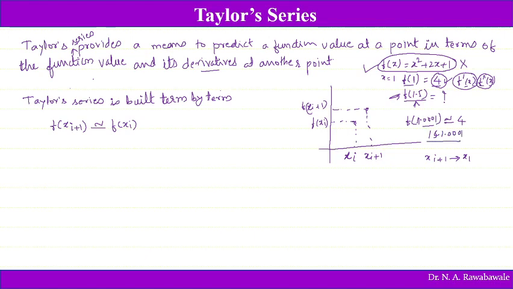Therefore the function value f of 1 and f of 1.0001 will be very close to each other. So this we call as equation number 1.